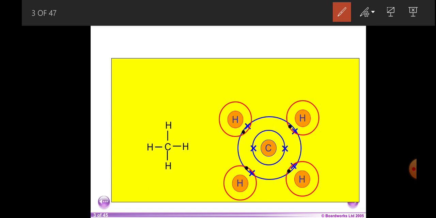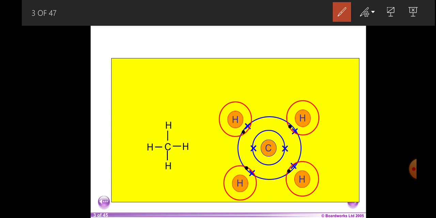In form 2, covalent bonding was explained to be a type of bonding that involves sharing of electrons. In this topic, all our compounds will have a covalent bond, and this covalent bond will exist between carbon and carbon, or carbon and hydrogen.